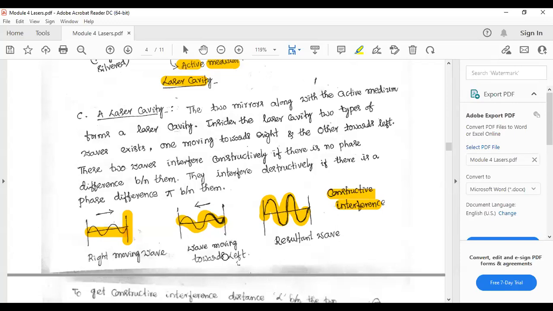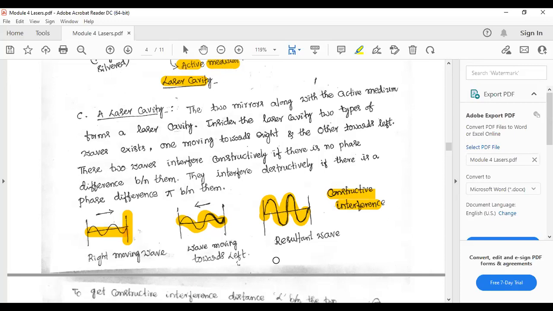Now, we have to make sure that we decide the length of the laser cavity in such a way that both these lights will interfere constructively and we will get a laser light. Otherwise, what may happen is the light which is reflected by the left hand side mirror may coincide destructively with the light coming from the right hand side and we may not get any light.